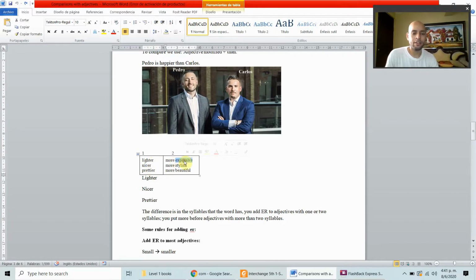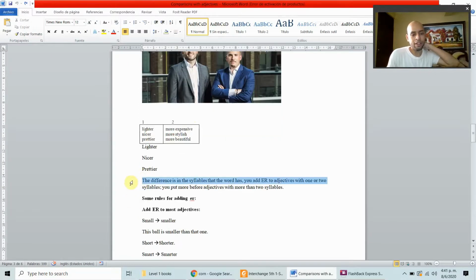And these adjectives, you only have to write more at the beginning, before the adjectives. You don't have to add er at the end of these adjectives because they have more than two syllables. So the difference is in the syllables that the word has.